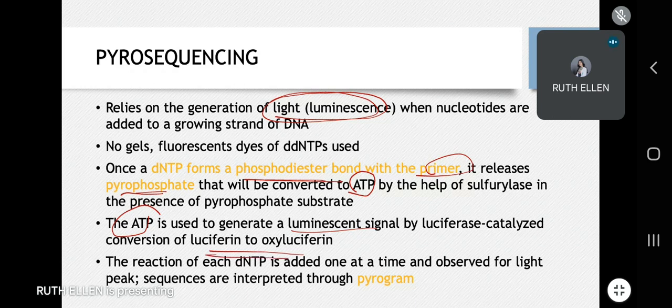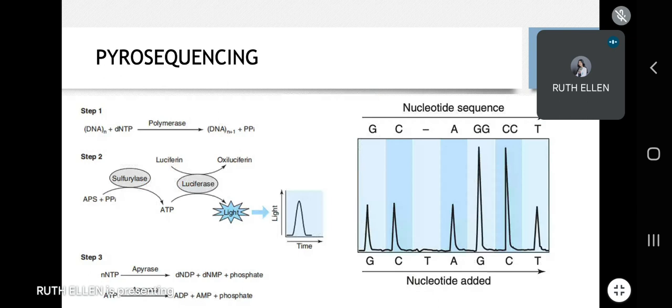So the reaction of each dNTP is added one at a time in the flow cell and observed for light peaks. Okay, so wavelength pa din tayo dito. So the sequences are interpreted through a pyrogram. So, paano ba nangyayari yon? Ito yung diagram natin. So, first, we have our DNA and dNTP.